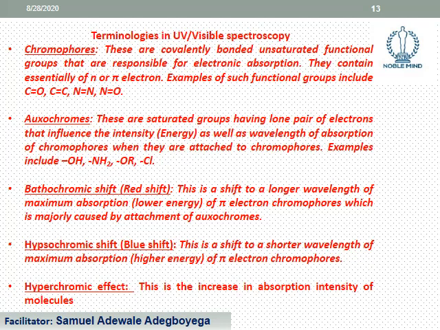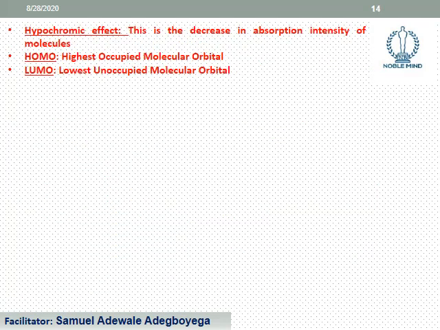We also have hyperchromic effect that is related to increase in intensity of absorption of a molecule. We also have hypochromic, that is decrease in absorption intensity. Well, you have some terms here, some acronyms. HOMO, highest occupied molecular orbital. LUMO, lowest unoccupied molecular orbital.